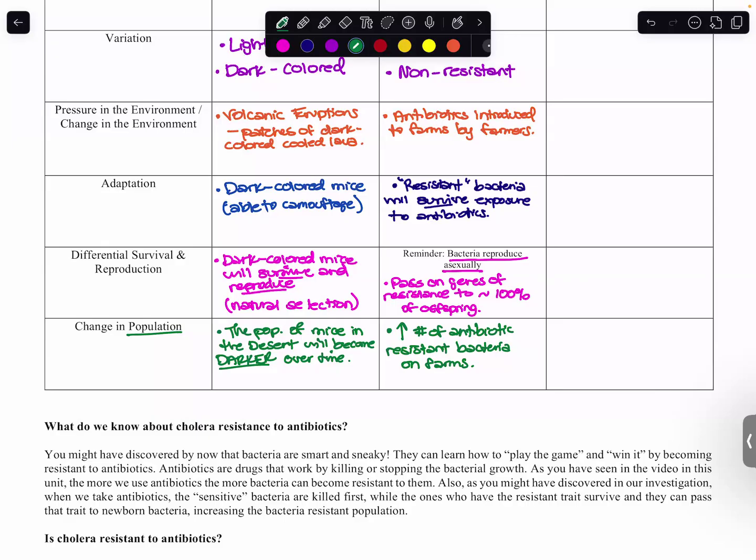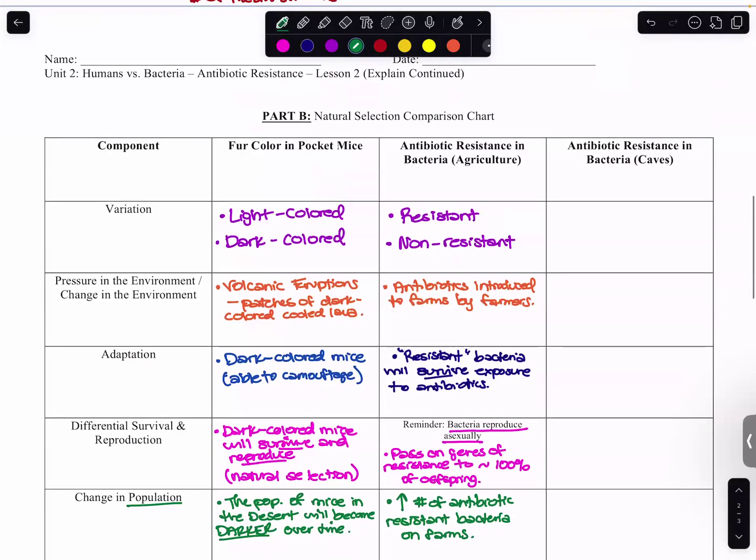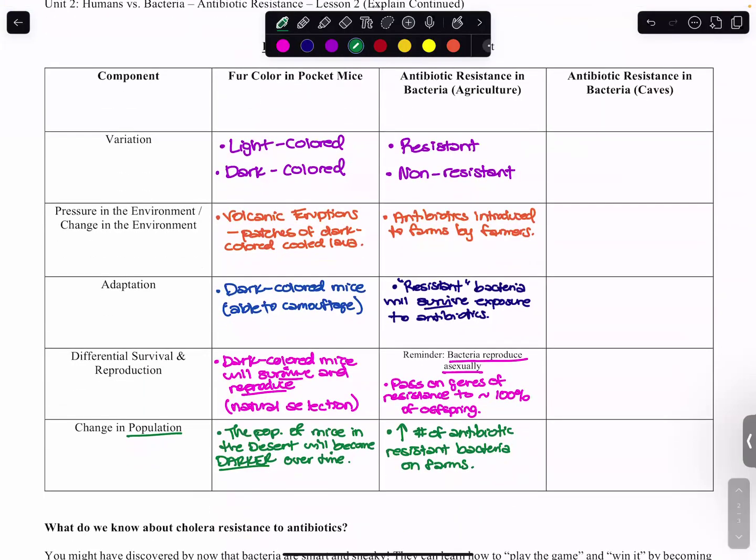It's less likely that it will ever go up to 100 because nothing in nature is ever like at 100% really, unless we're talking about extinction in which 100% of the organisms in that population or in that species has been wiped out. But we do expect there to be an increase of antibiotic resistant bacteria on farms if we keep using them. Now let's move to caves, which we just spoke about, right?